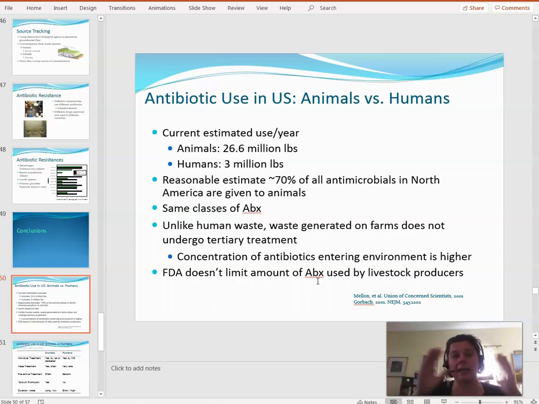We don't do classes, so we don't say total antibiotics must not exceed this amount. We do each individual compound, and this is part of the downside of the way we set up our MCLs, because it's not like classes of compounds. So that can cause some problems.